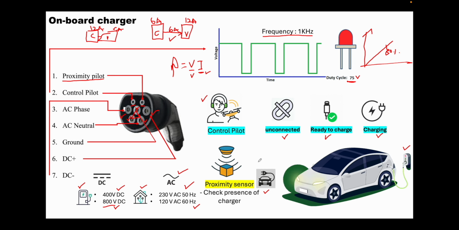We will also do some simulation on the same in this particular chapter, and we will see how these things work, how the different voltage levels are determined, how the current is controlled, and how the pulse is controlled. So all these things we will see when dealing with the charging process.